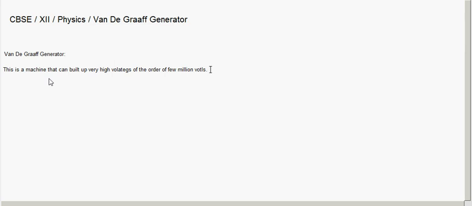We can write here: the resulting large electric fields are used to accelerate charged particles. So these charged particles can be electrons or protons or ions.